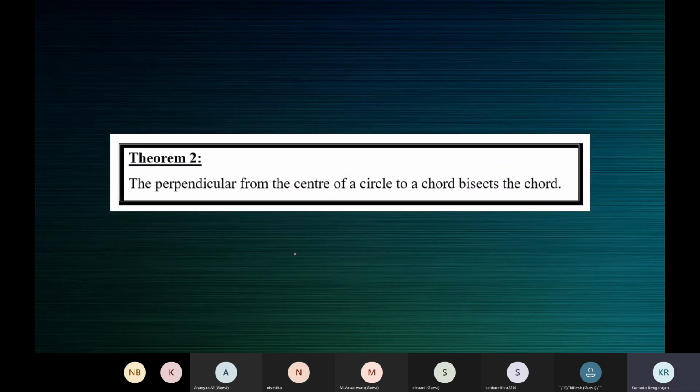The perpendicular from the center of a circle to a chord bisects the chord. Circle, chord, center, perpendicular. Drop a perpendicular from the center to the chord, and the chord is bisected.